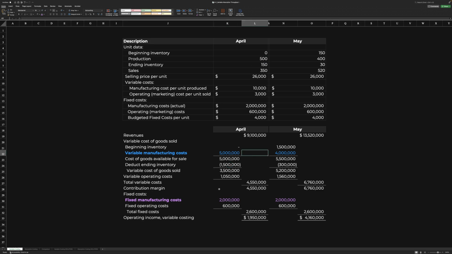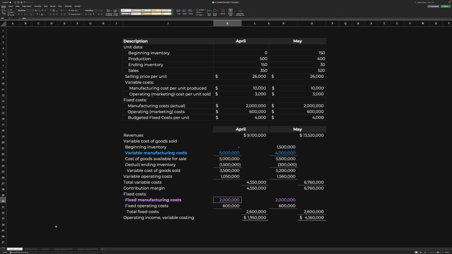This means that all fixed manufacturing costs get expensed in the period. This ends up making operating income lower because none of the fixed costs end up in ending inventory, which is a balance sheet account. Here, all of the fixed costs related to manufacturing end up on the income statement.